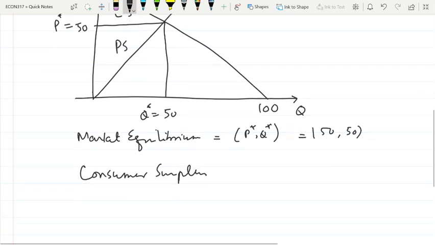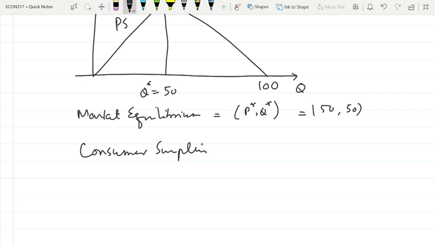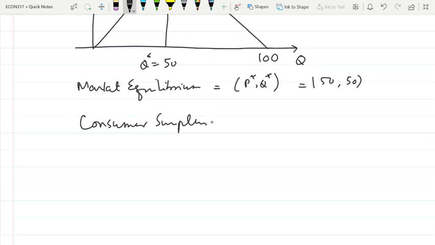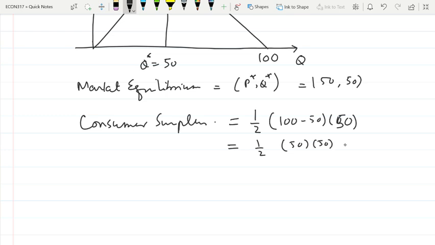So now we want to find out the consumer surplus. It's a triangular shape, so the area of a triangle is 1/2 times height, 100 minus 50, times the base, which is the quantity, 50 units. And if we do this calculation, 1/2 times 50 times 50 gives me 2500 over 2, 1250.